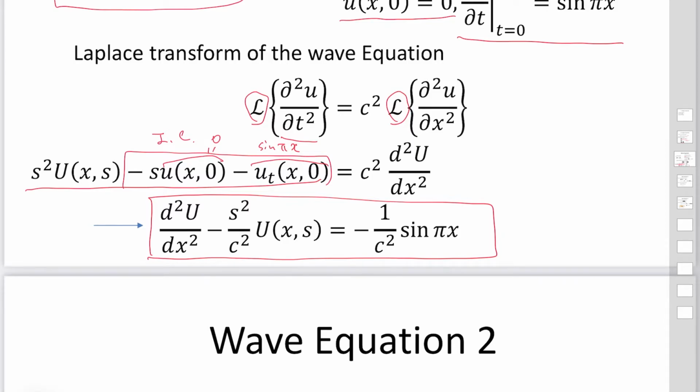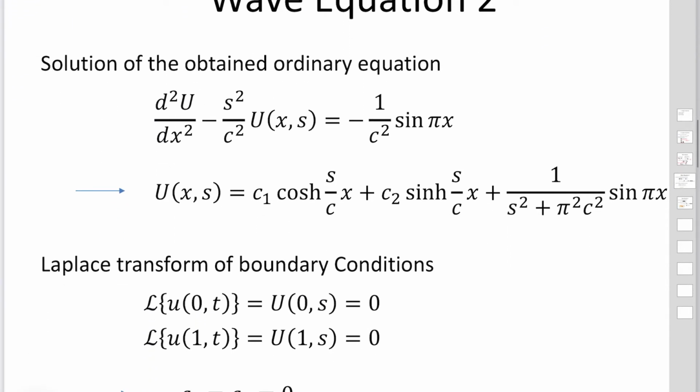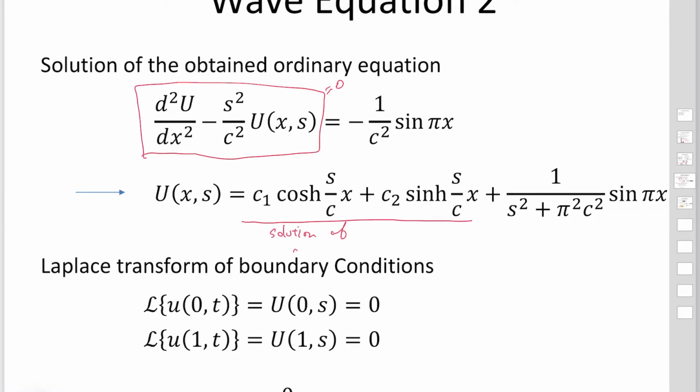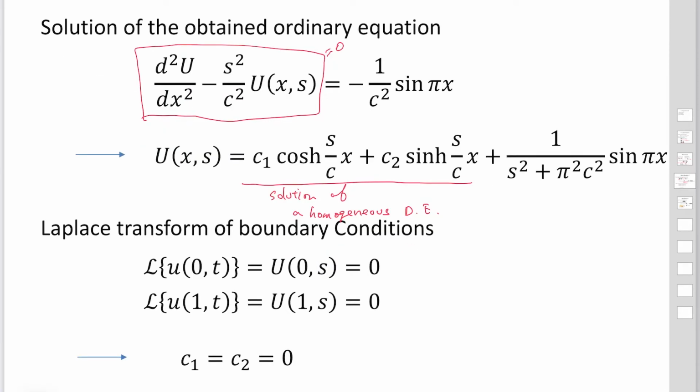We need to solve this differential equation, but this is an ordinary differential equation, so we can use a method we learned before. At first, we need to solve the homogeneous differential equation, setting it equal to 0. The solution to the homogeneous differential equation corresponds to the first two terms. Then we need to find the particular solution, using a standard method.